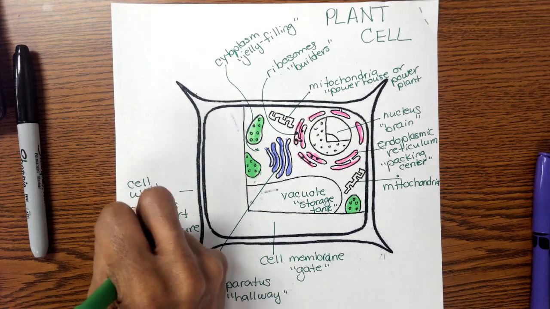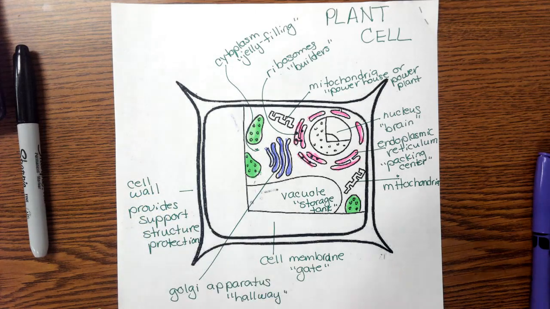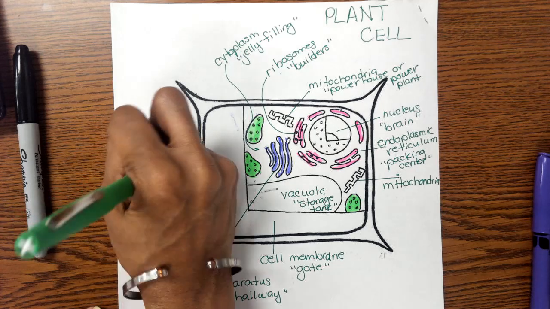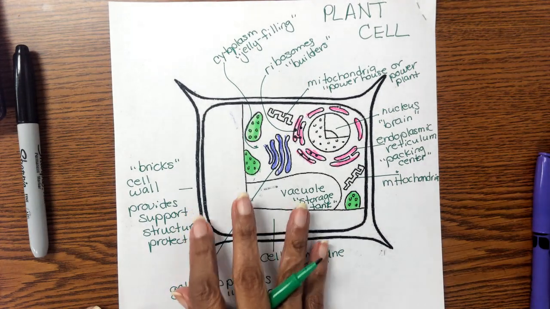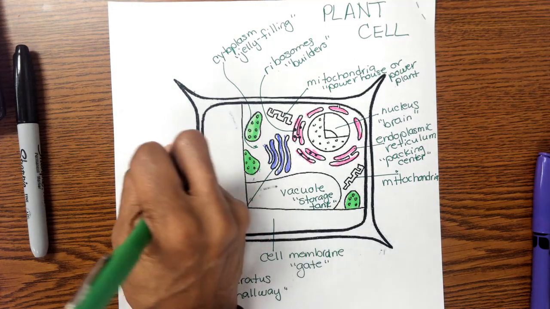And also protection. Okay, so we're going to call the cell wall the bricks. So like the bricks on the outside of your house, they provide support, structure, and also protection. Okay, so this is your cell wall.